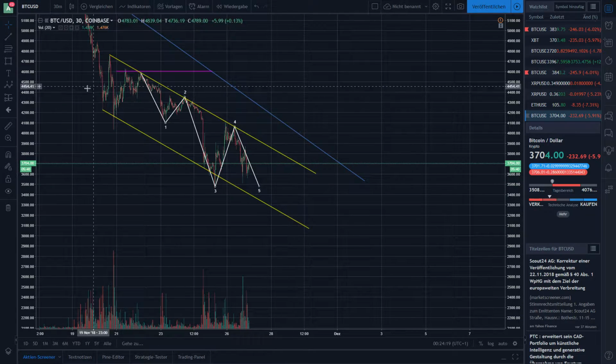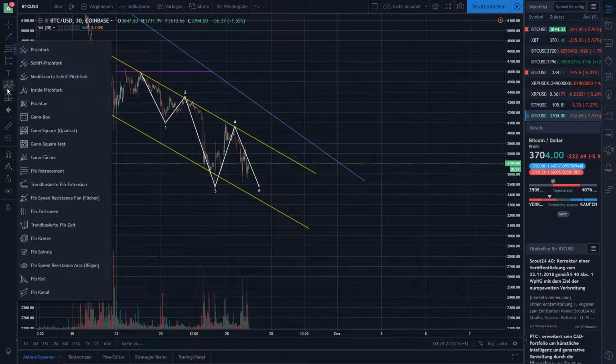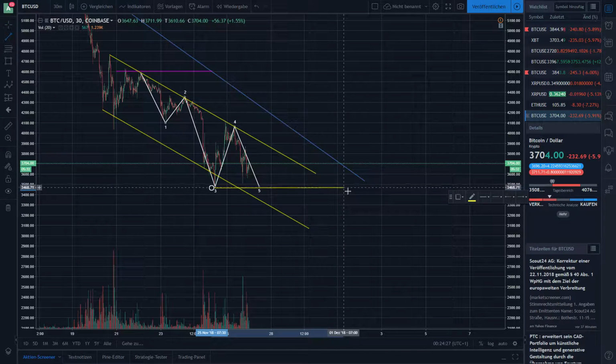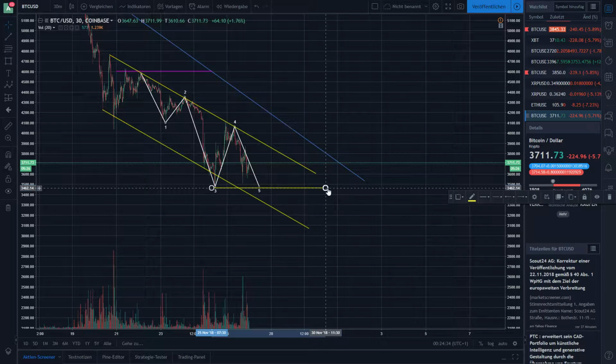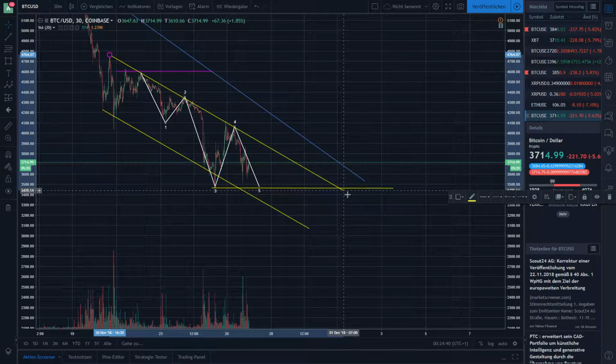So yeah, we see these rejections from the bulls coming. We can also draw the support here, since we got rejected the last time pretty well. And we see this apex forming.